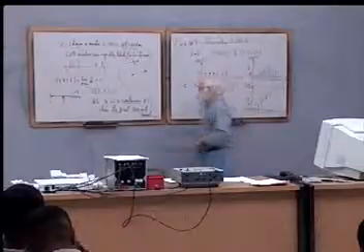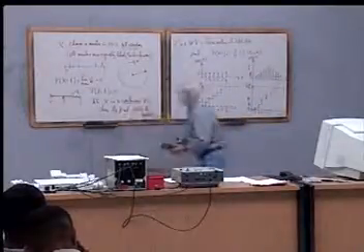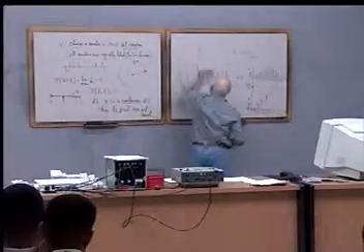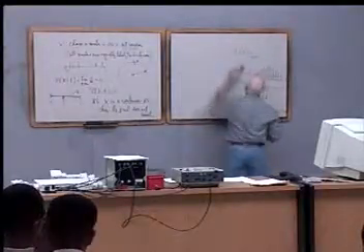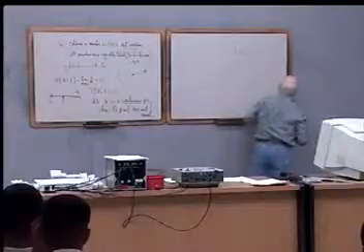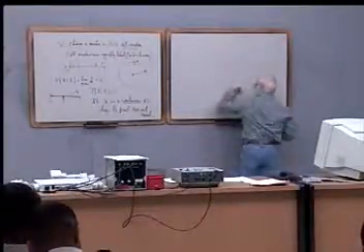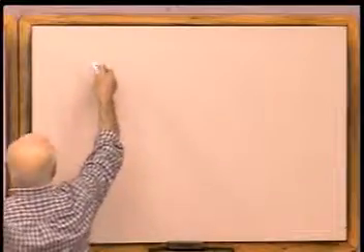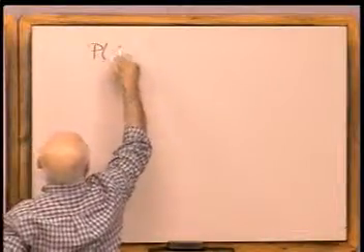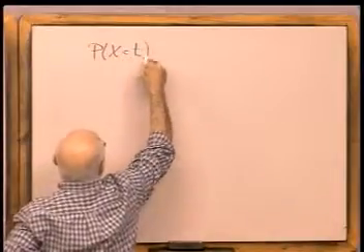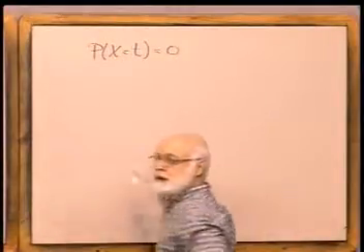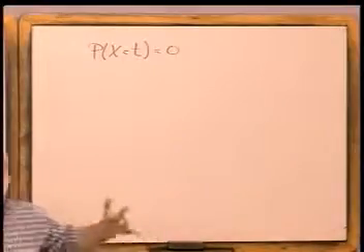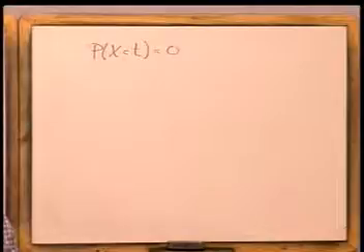Okay, so let me convince you of that by looking at a particular example. Okay, so for this example, continuing on here, the probability that x equals t is equal to 0 for every t. Everybody agree with that? I mean, if you don't agree, it just doesn't make any sense, then of course nothing in the future makes any sense.